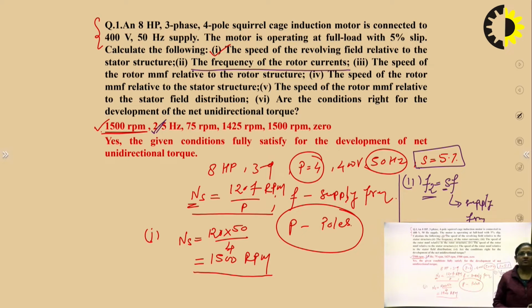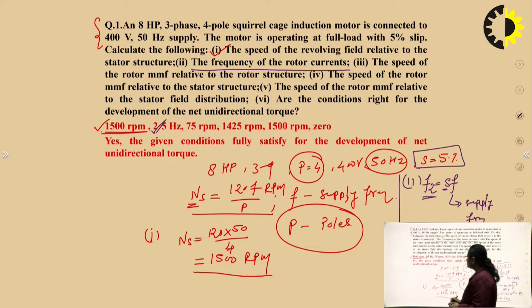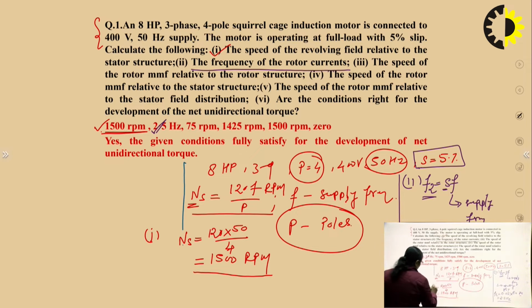Now let us move to the third part of the question. In the third part, the question is asking for the speed of the rotor MMF relative to the rotor structure. So let us now try to find it out.